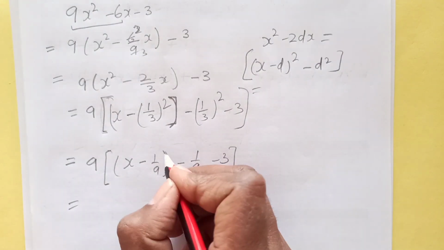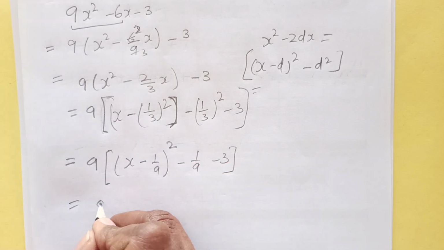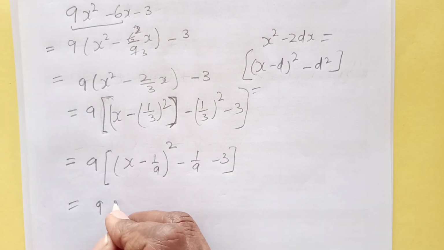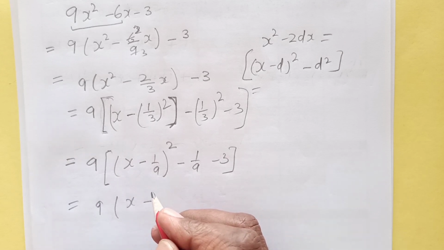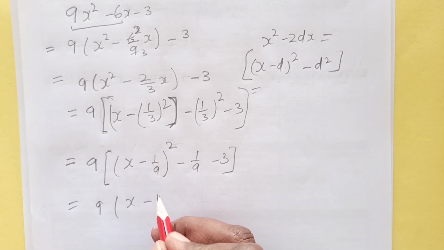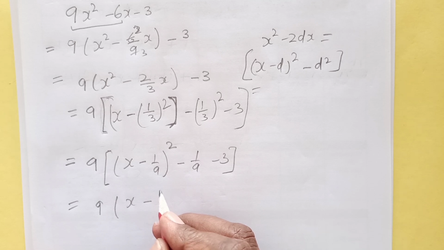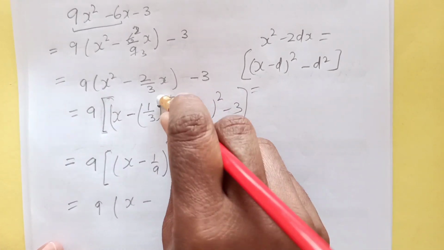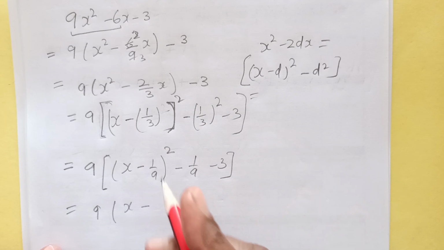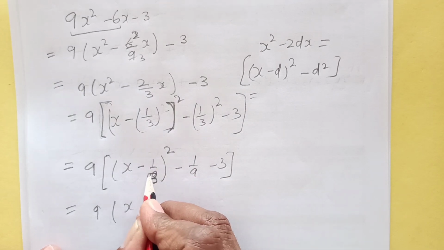Then there is a square here, 9 times (x minus 1 over 3) squared. This should be outside the bracket, leaving this as 1 over 3.